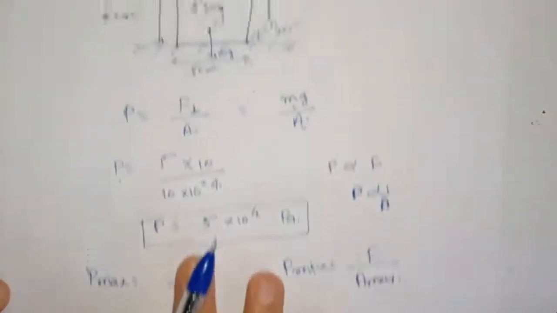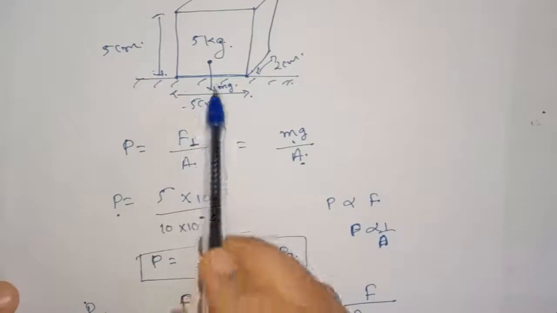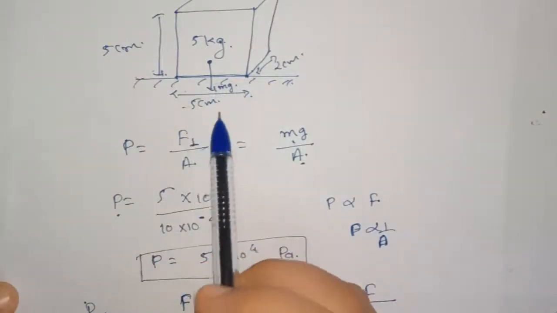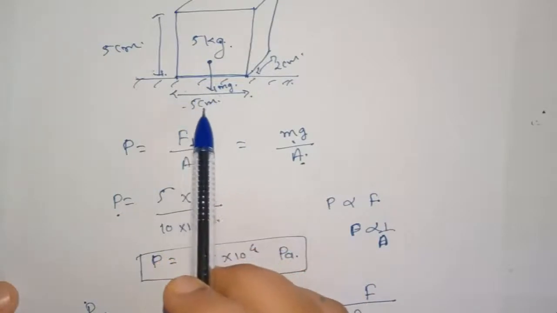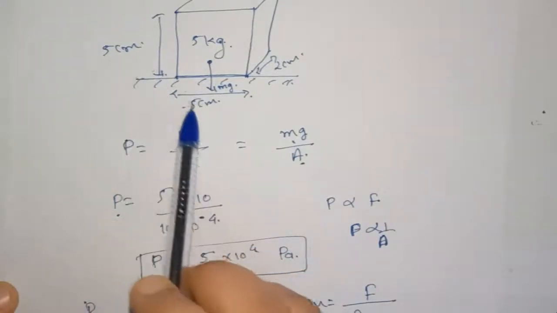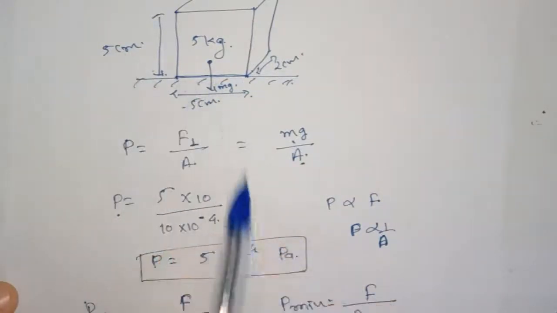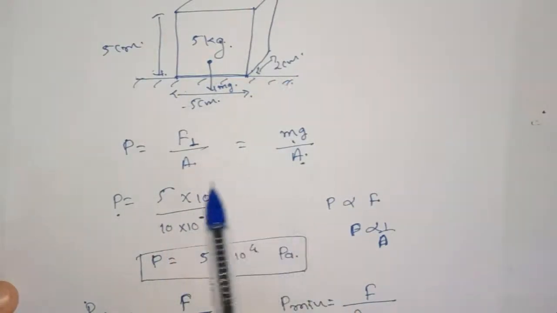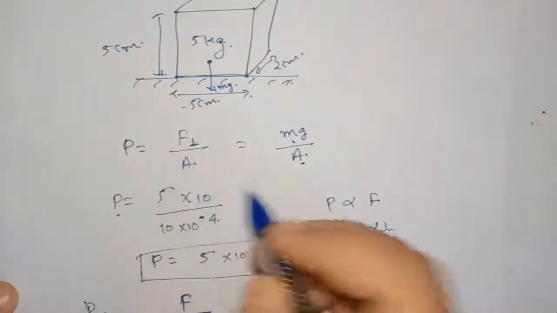In this particular case, the minimum area of contact is when this 5 and 2 are kept in contact, and the maximum area will be when this 5 cm and 5 cm sides are kept on surface. For 5 cm and 2 cm, this area is minimum area.